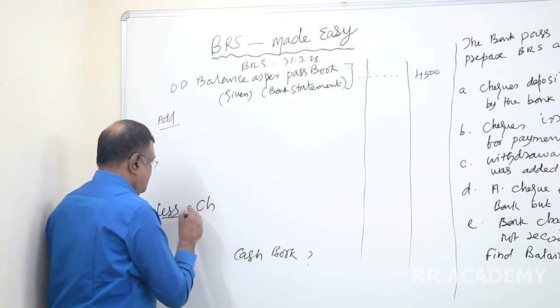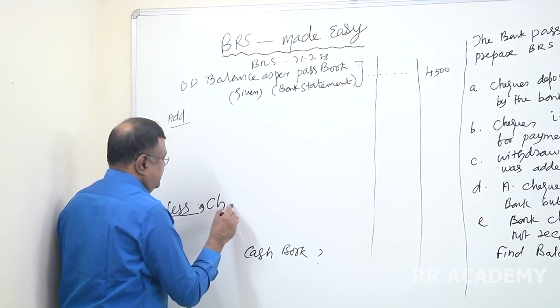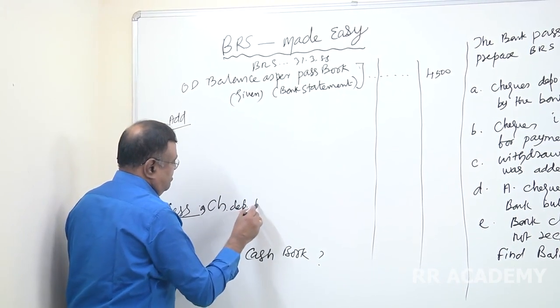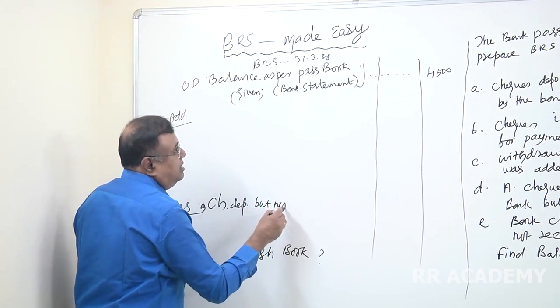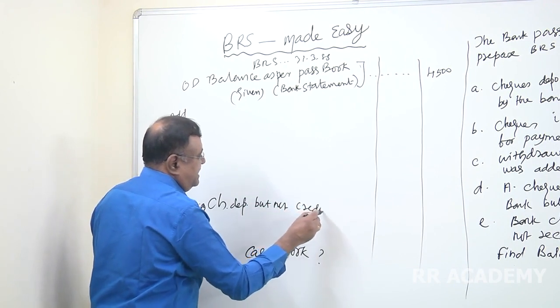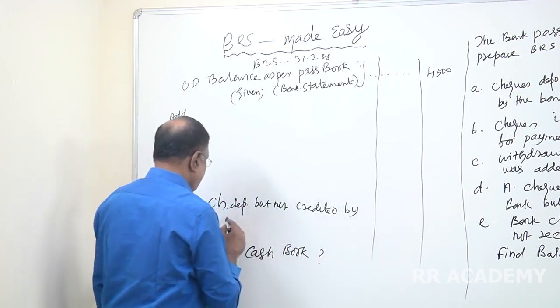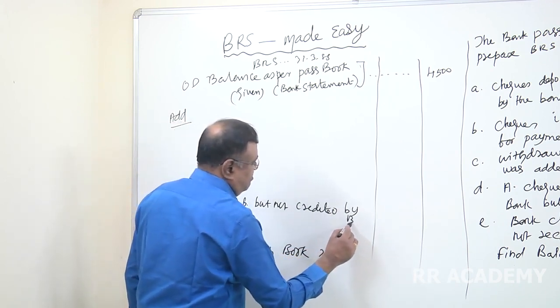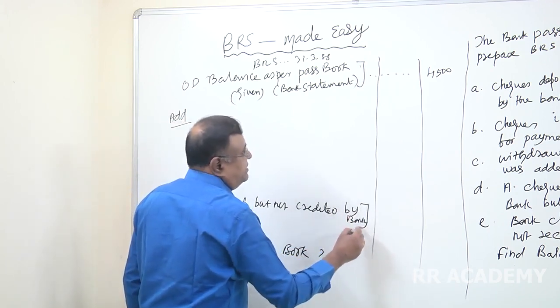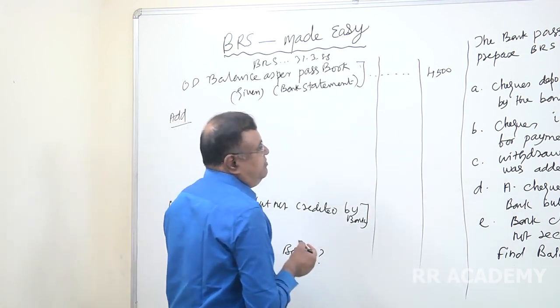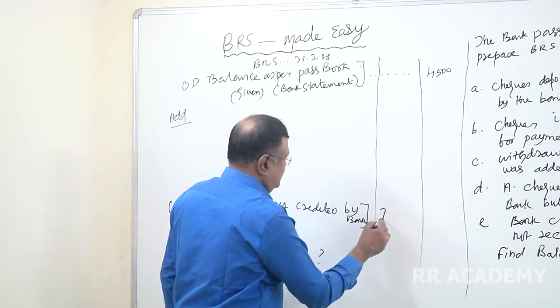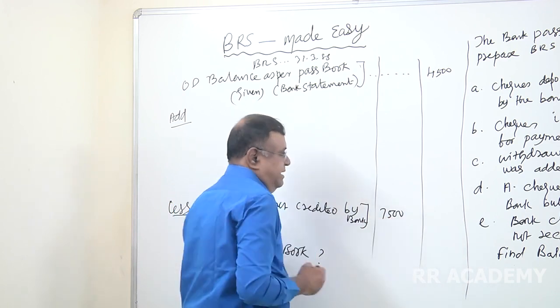Check A. Check deposited but not credited by bank. Whatever is given there, please write fully. We must write that: 7,500.